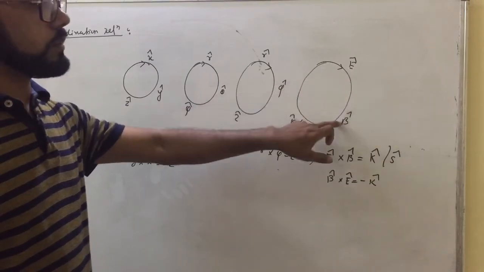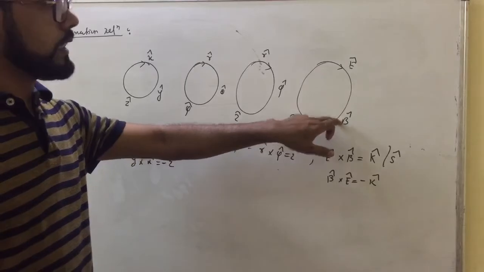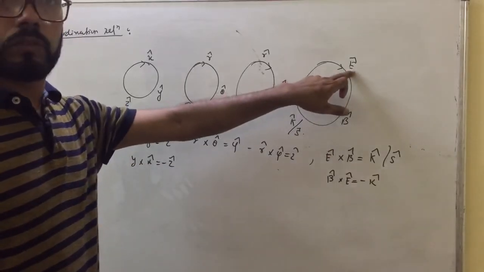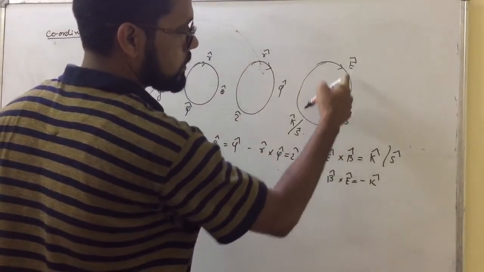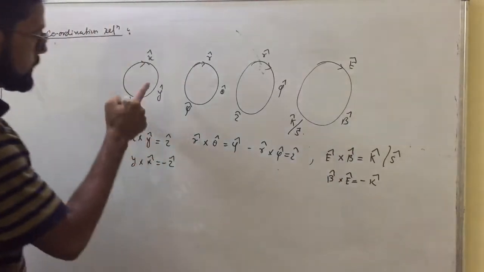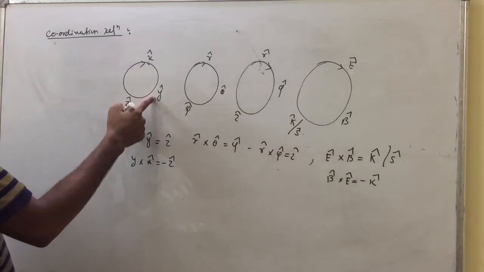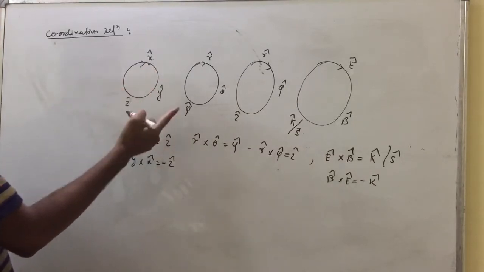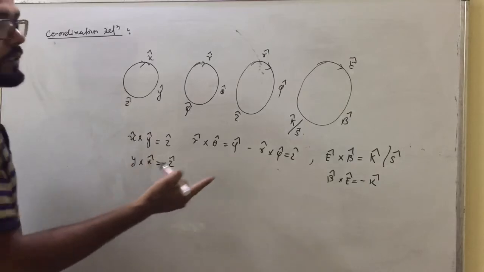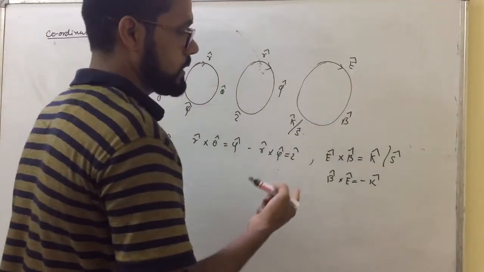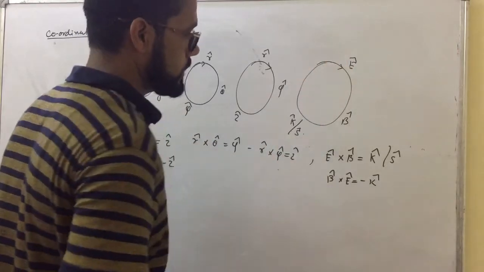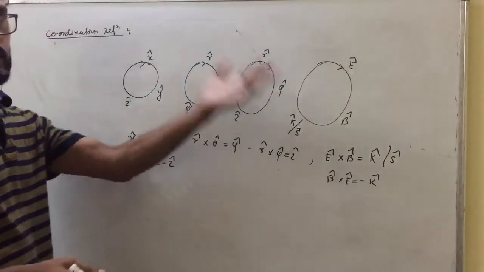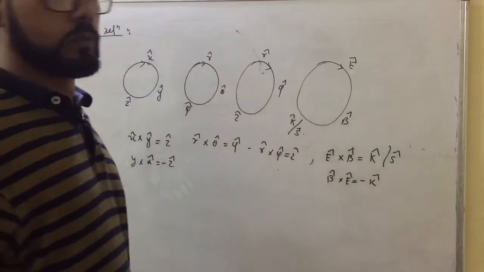Dot product, x dot y equals how much? Zero, because theta is 90 degrees. Similarly, E dot B is 0, I have already told you, and B dot K is also 0, K dot E is also 0. It follows the same rule as a coordinate system. This is how you can remember.